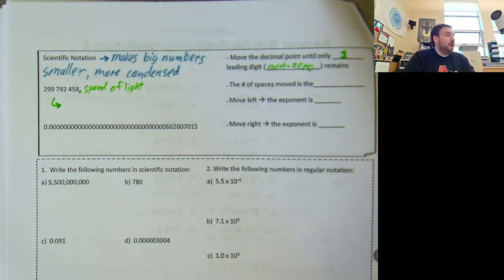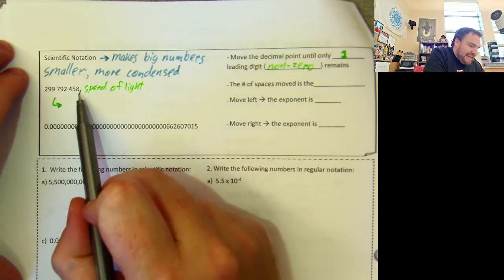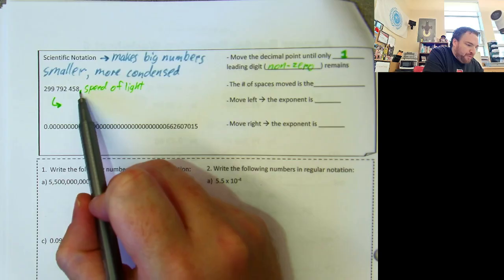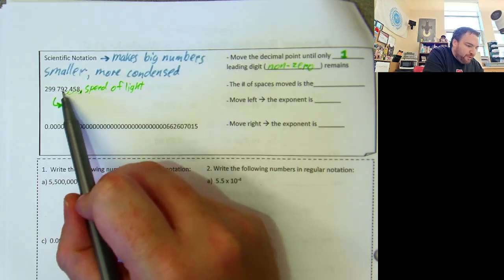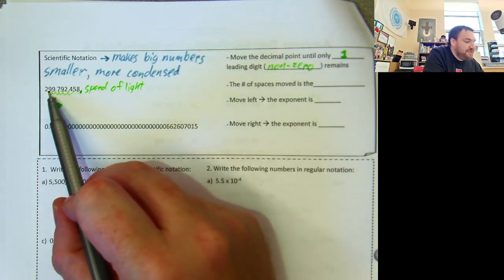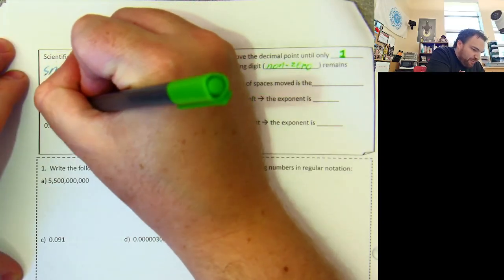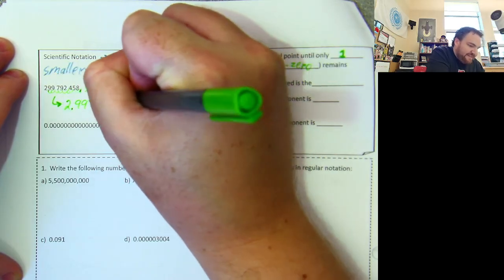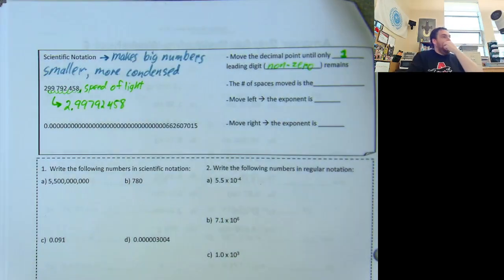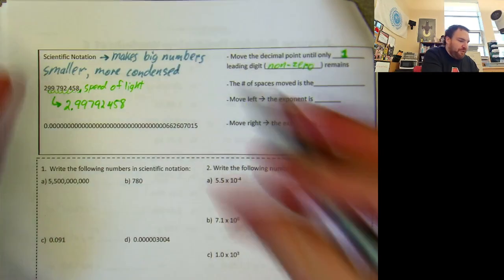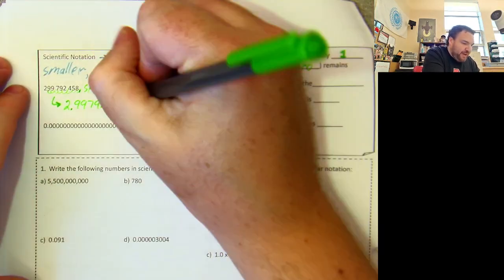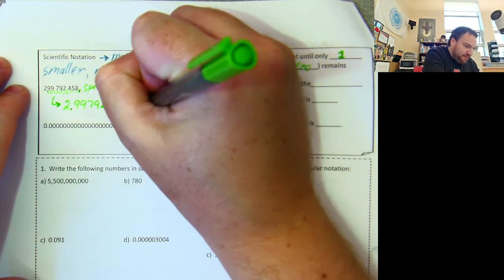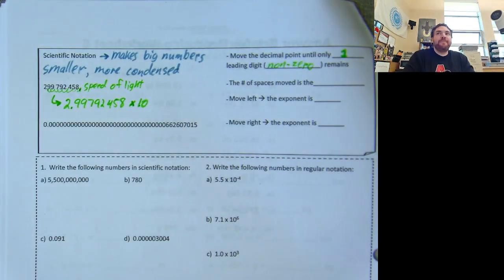So what we're going to do is take the decimal that's at the end there, it's implied, and move it 1, 2, 3, 4, 5, 6, 7, 8 times. So it's going to become 2.99792458. But obviously 2.99 is not the same as 299 million. So we don't rewrite it, we add something to it. We go times 10 to the power of what?